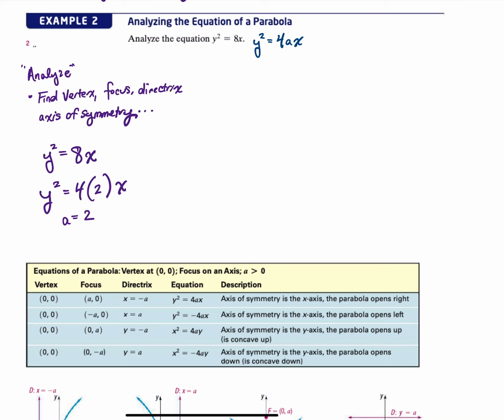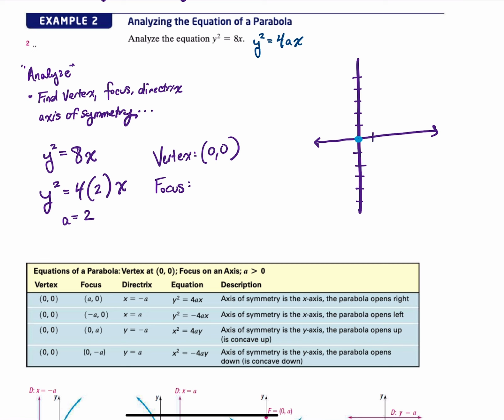So let's start to list these out. I know that the vertex should be at 0, 0. The focus point, and we can even start to graph this too. It's helpful to get some kind of visual image. So vertex is at the origin. Our focus is a distance of 2 units away from the vertex.